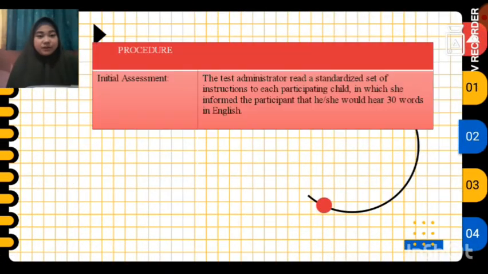The procedure, initial assessment. The test administrator read a standardized set of instructions to each participating child in which she informed the participant that he or she would hear 30 words in English.